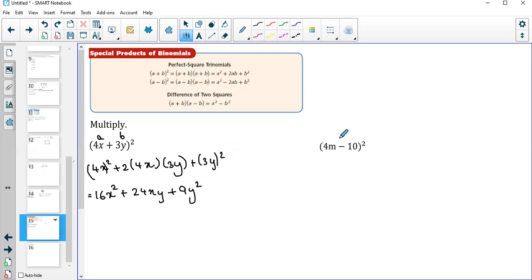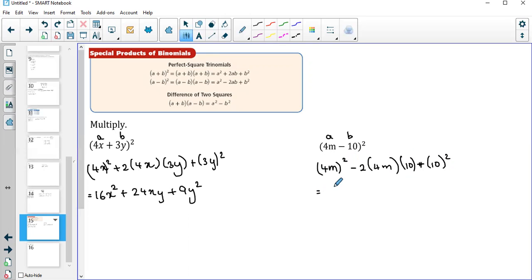Right, let's check this one. Now again, it's going to be the same, only instead of plus here, it's going to be minus. So this is going to be 4m squared minus 2ab and plus b square, which means it's 10 square.